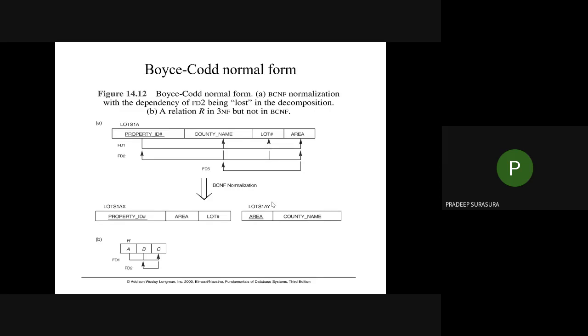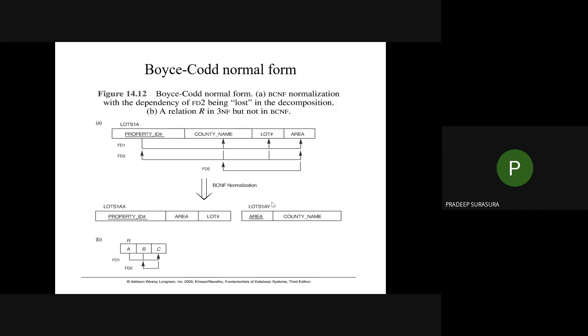But when it comes to BCNF, what is the BCNF definition? X should be a super key. If I have a functional dependency, area determines country name, area must be a key, but the right hand side must always be a non-prime attribute.